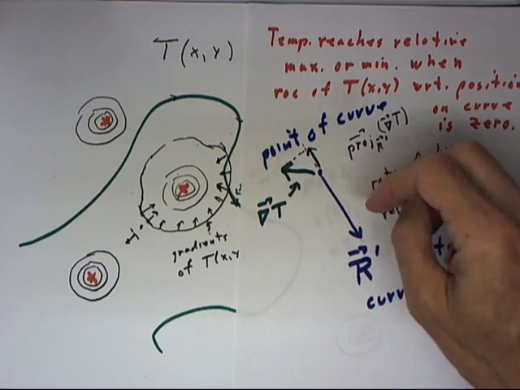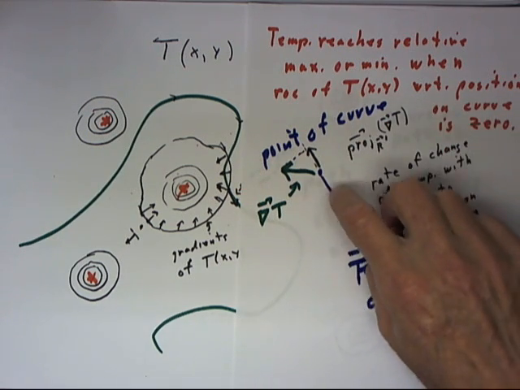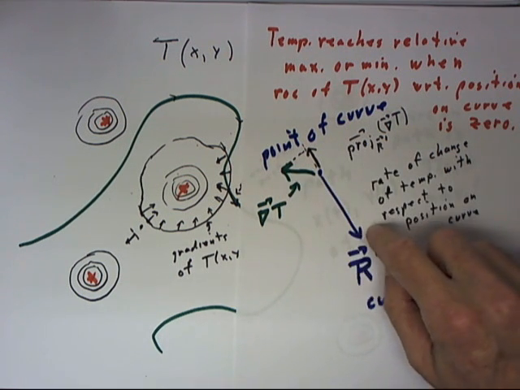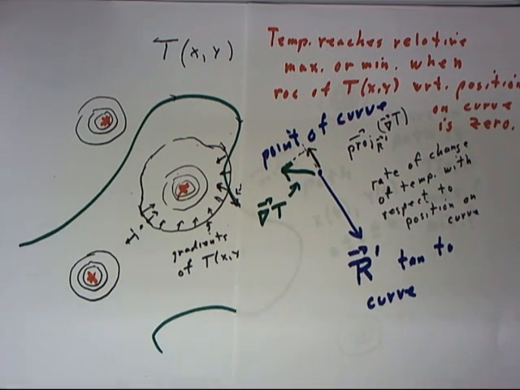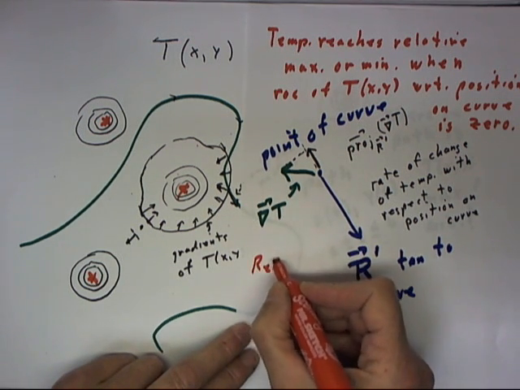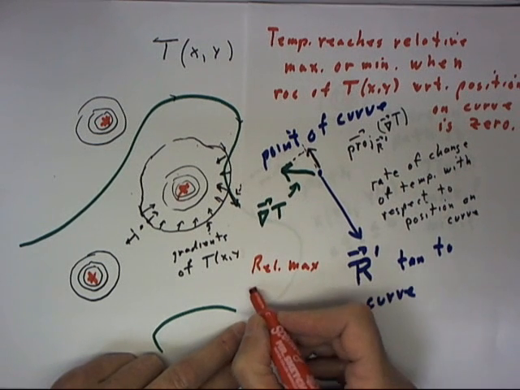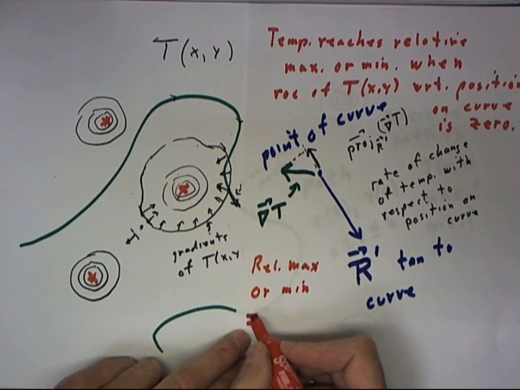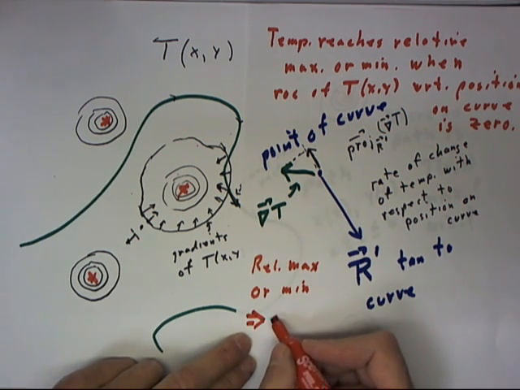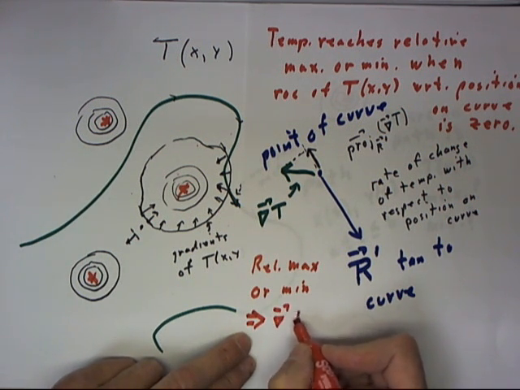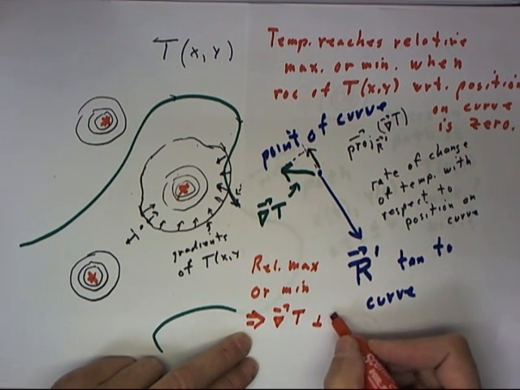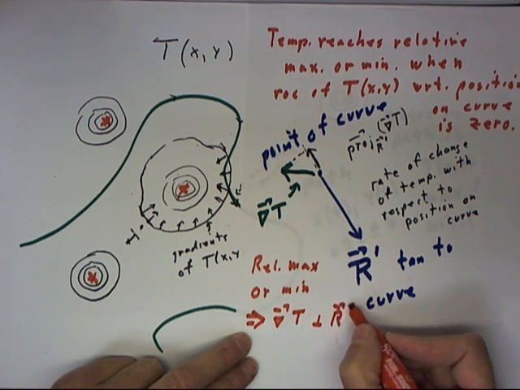If my assertion is correct and the rate of change of the temperature with respect to position on the curve is the projection of del T onto your tangent vector, then we conclude that if we have a relative max or min, that implies that the gradient of T at that point is perpendicular to r prime.